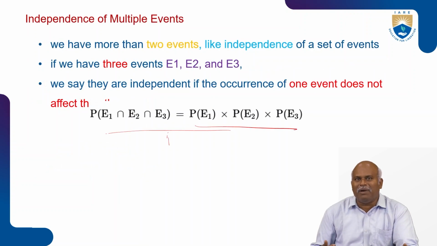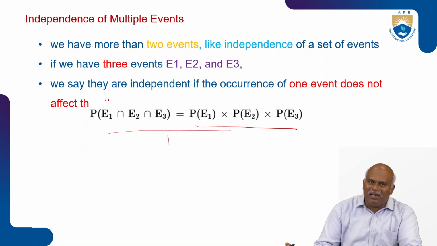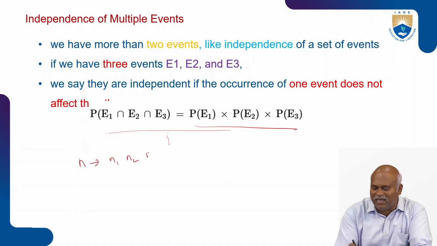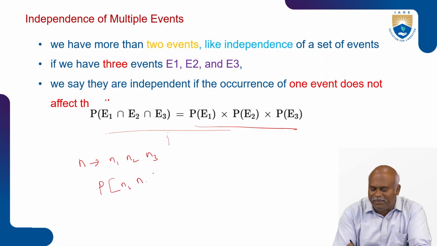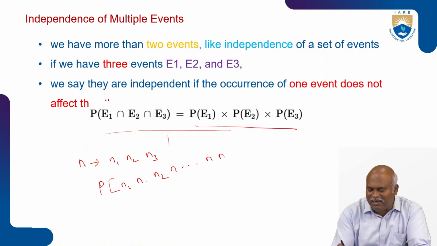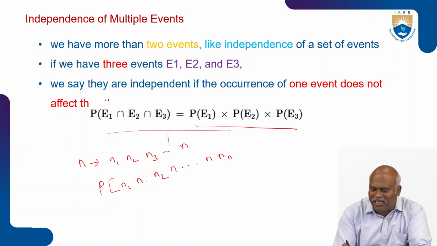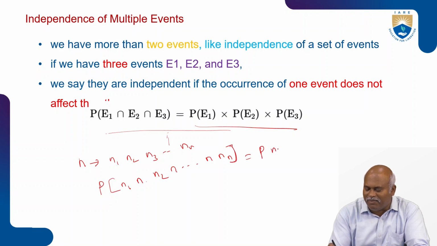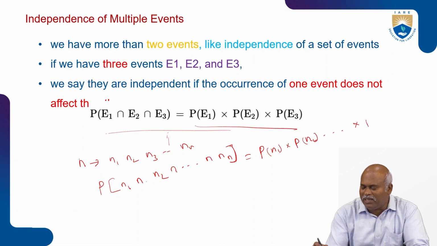So if we have multiple events, here I take three events, that is E1, E2, E3. Suppose we take n events, that is E1, E2, up to En. Then the probability P of E1 and E2 up to En is equal to P of E1 into P of E2 up to into P of En.